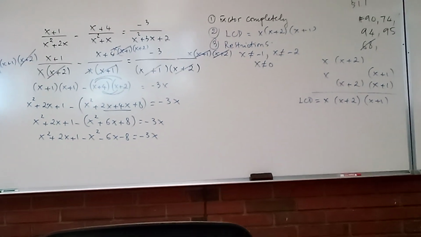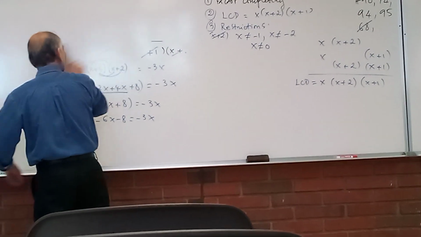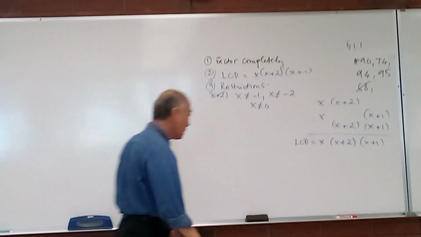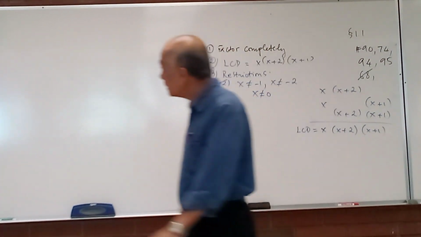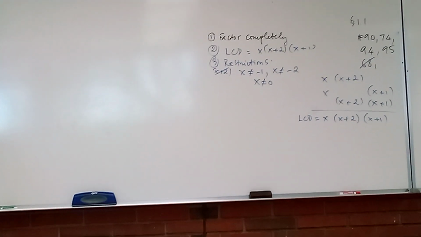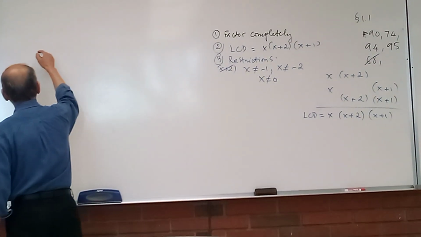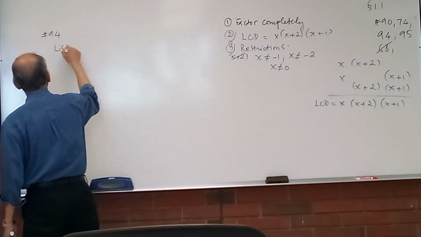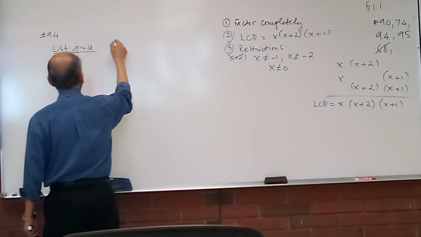Okay, so let me read this one. Personal finance, cost of a car. So this is the list price of a new car. Just write out the information. List price: 24,000.